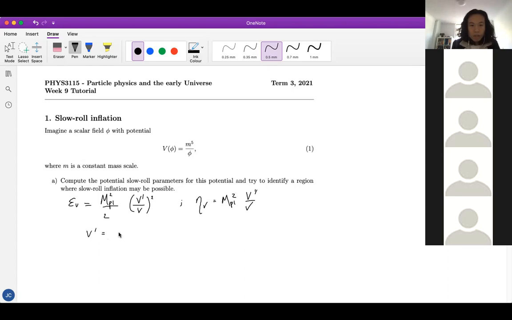V prime is minus m to the 5 on phi squared, and V double prime is 2m to the 5 on phi cubed.